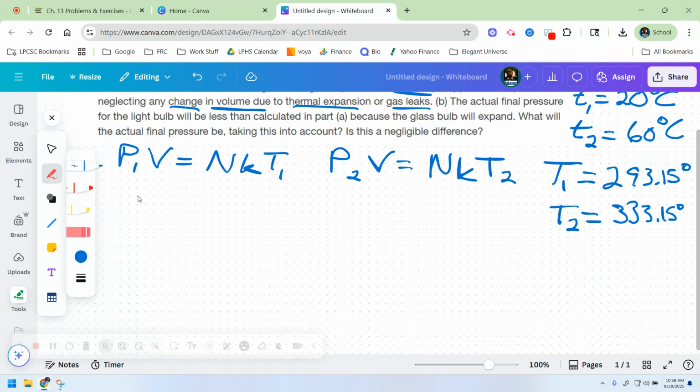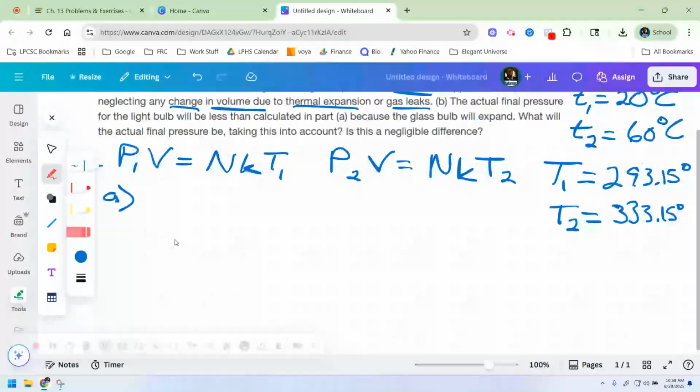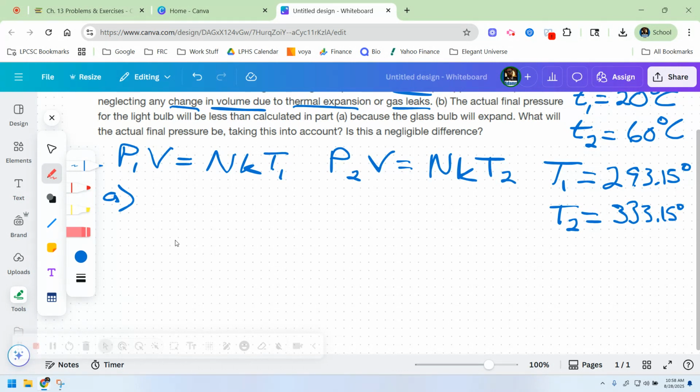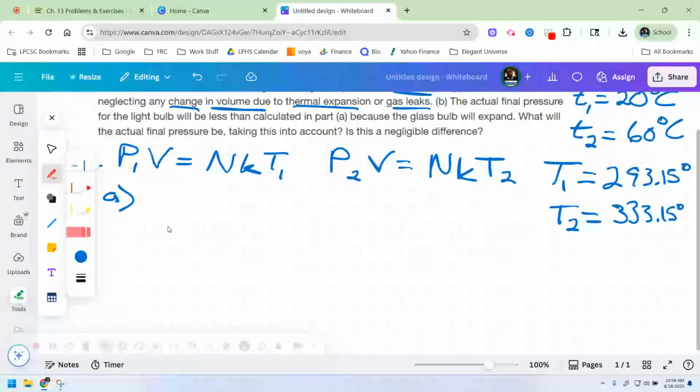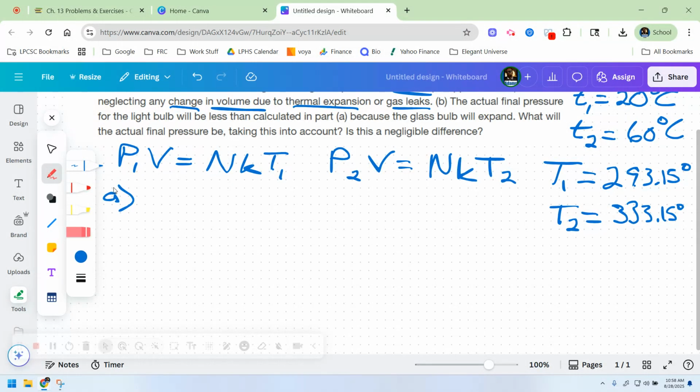So for part A, let me do this first because we do got to derive this.